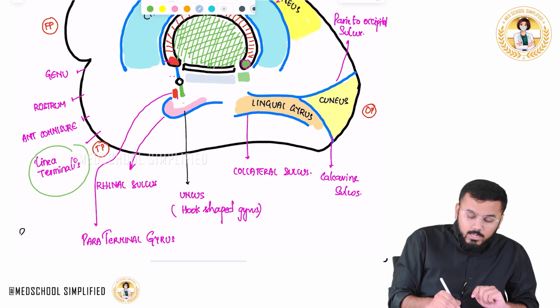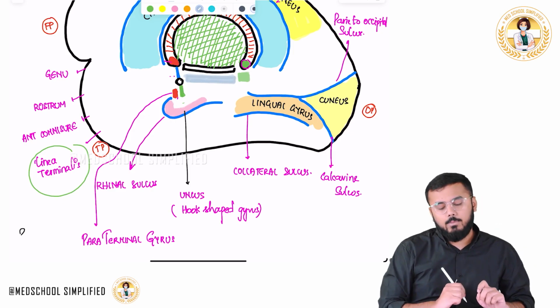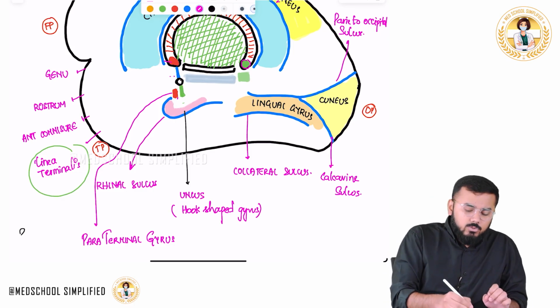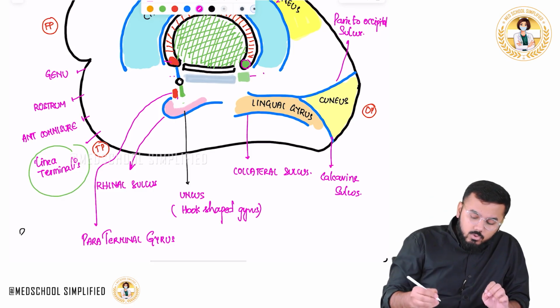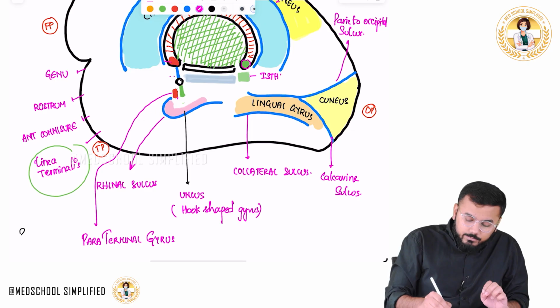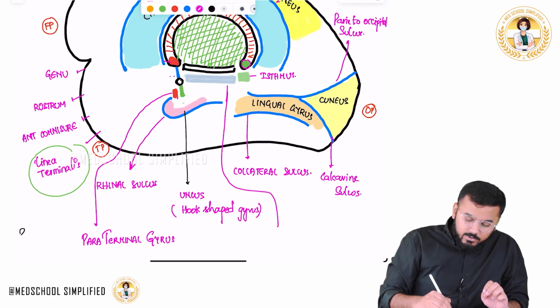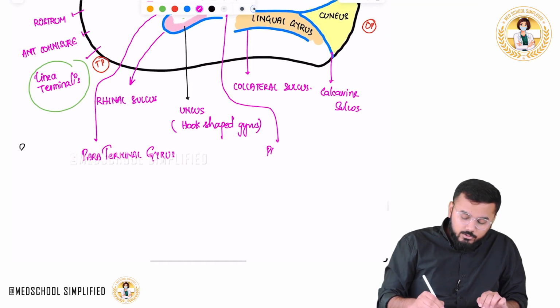This gyrus is called parahippocampal gyrus. So this one over here is your parahippocampal gyrus. Okay. So this green one over here is called your isthmus, and this one in front of the isthmus is called your parahippocampal gyrus.